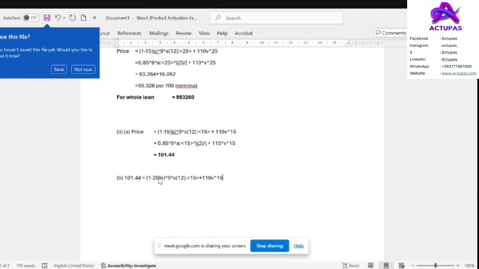But in this case, for the second investor, because they pay capital gains tax, we have to subtract the capital gains tax that they're going to pay, and it's 35%. So this would be 0.35 by 110 minus 101.44, because the capital gain per 100 nominal is 110 minus 101, and then discount it 15 years at rate of interest i.